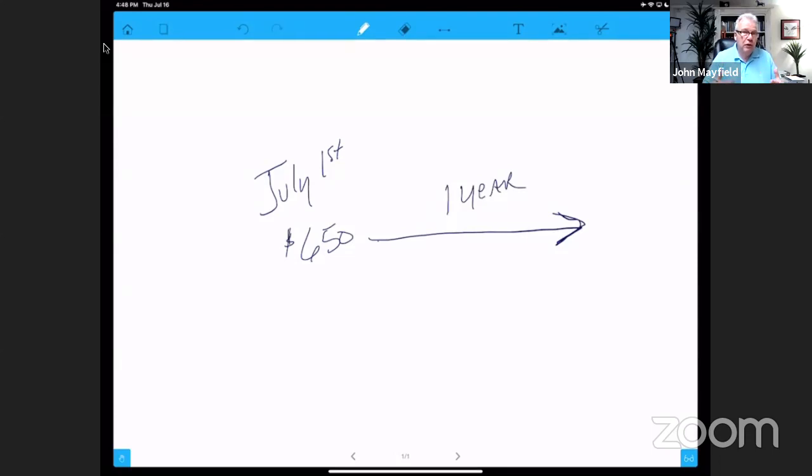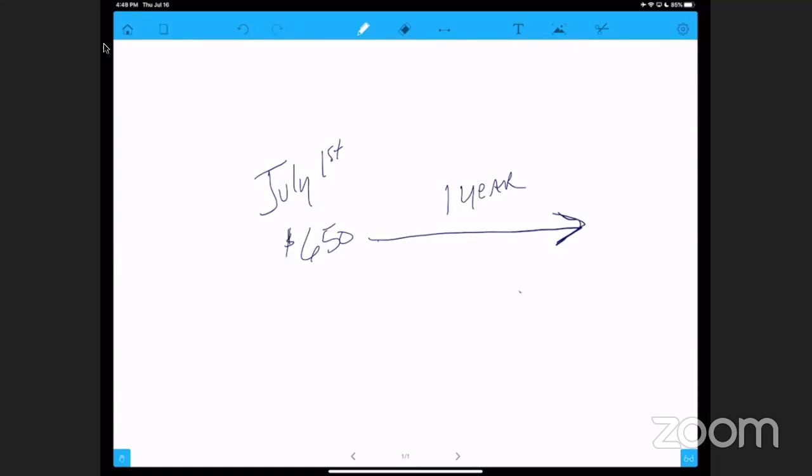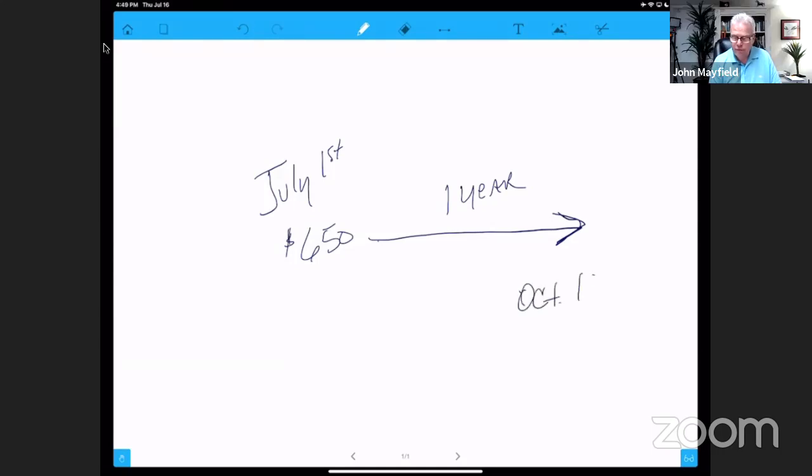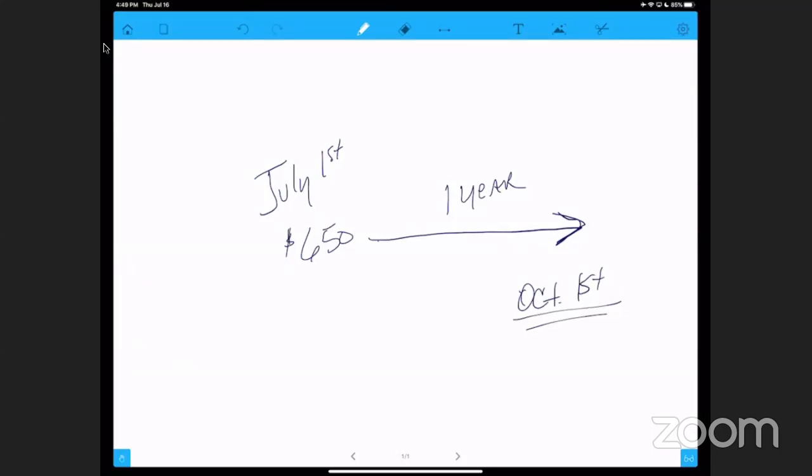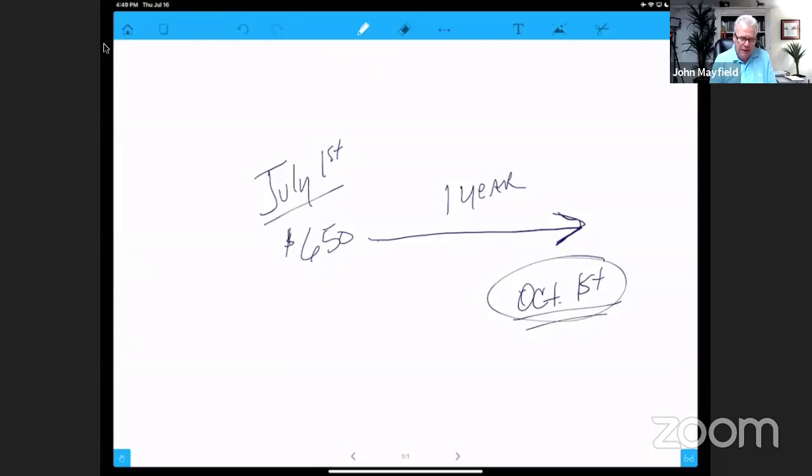So if you were a seller and you closed your home on, let's just say October 1st, you're going to say, wait a minute, I paid my association dues for the whole year. And so what's $650 divided by 12?